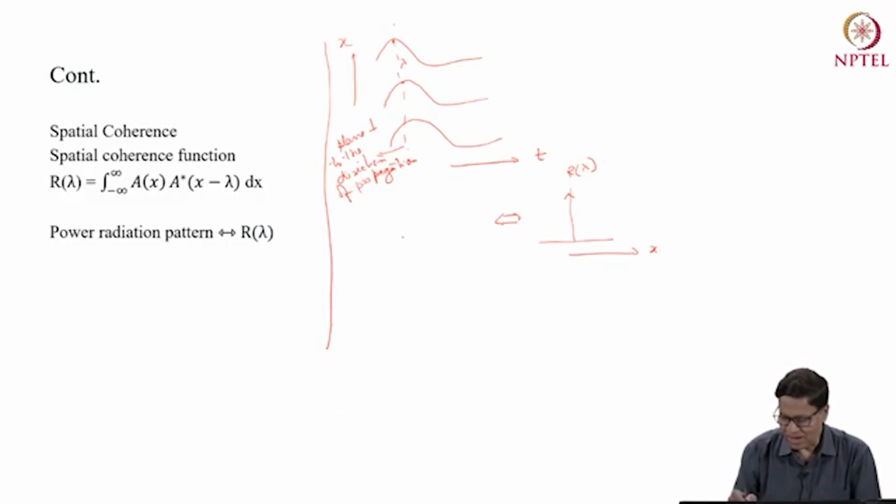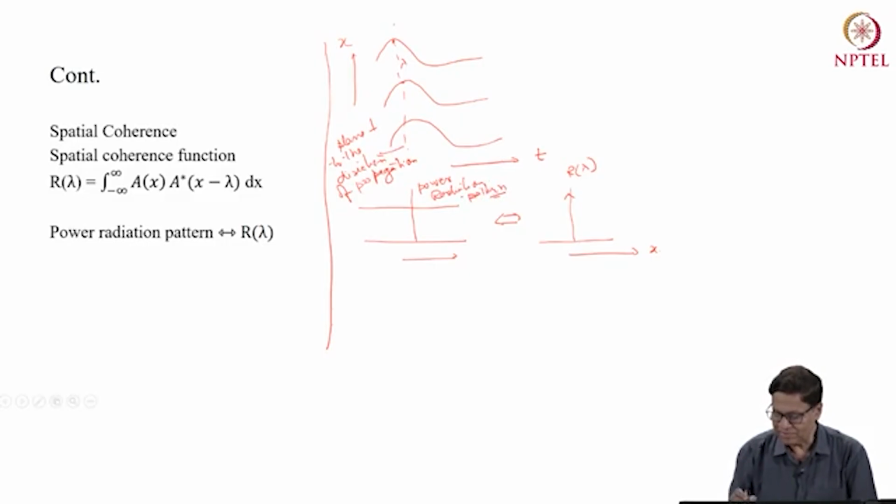So if I plot it, then it will be flat here. So let me call this the power radiation pattern. So R lambda and the power radiation pattern form a Fourier transform pair.